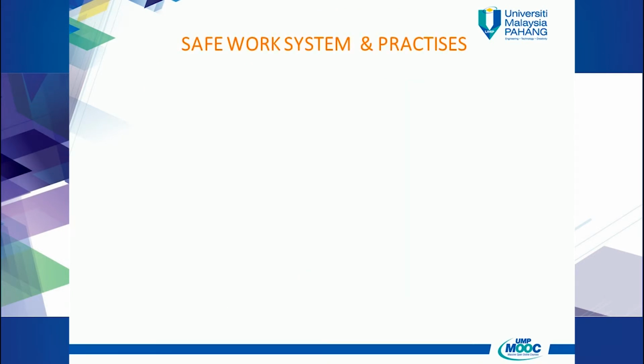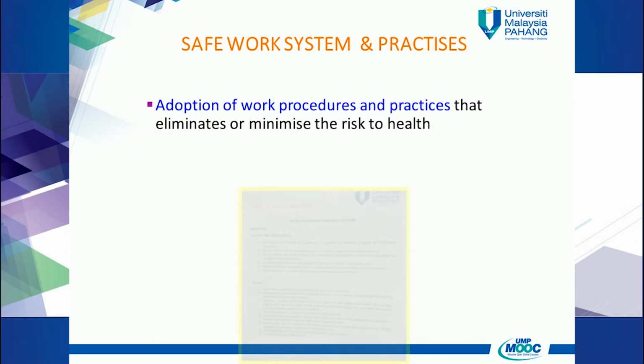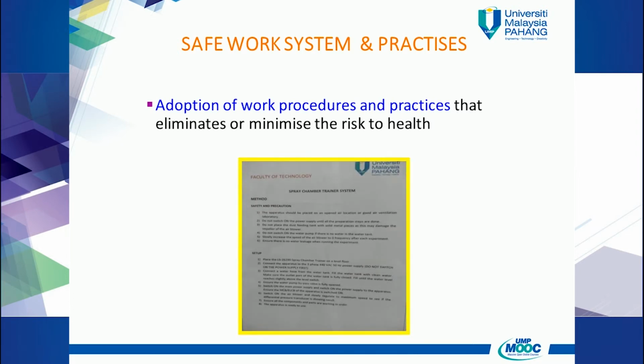Safe work practices include companies' general workplace rules and other operation-specific rules. Through established safe work practices, employee exposure to hazards can be further reduced. Safe work system and practices can be considered forms of administrative controls aimed at reducing employee exposure to hazards.